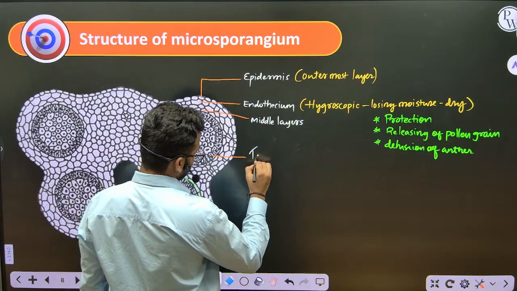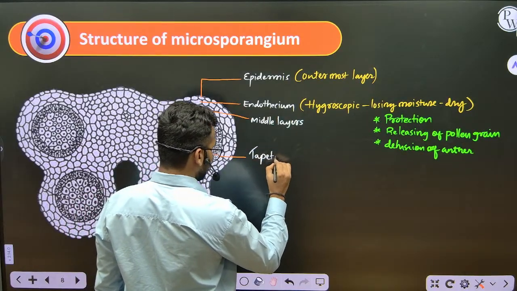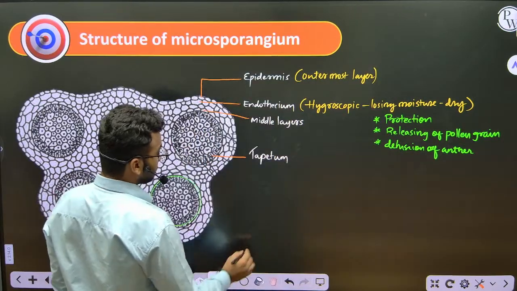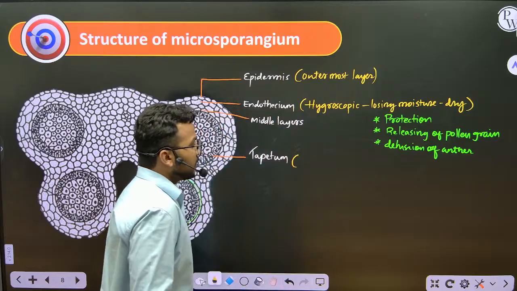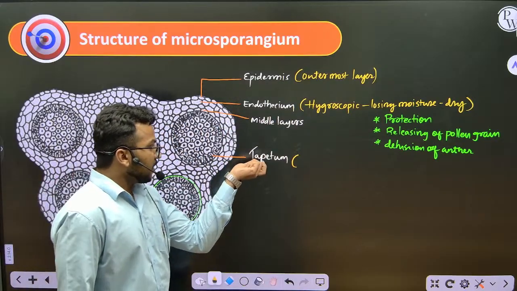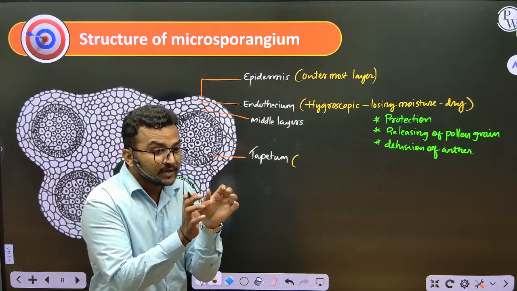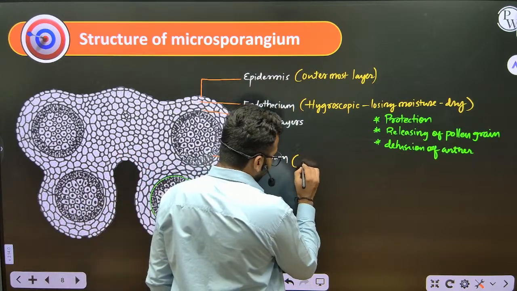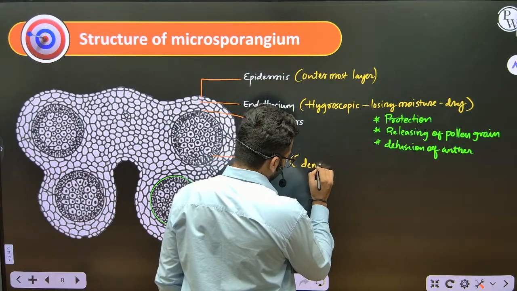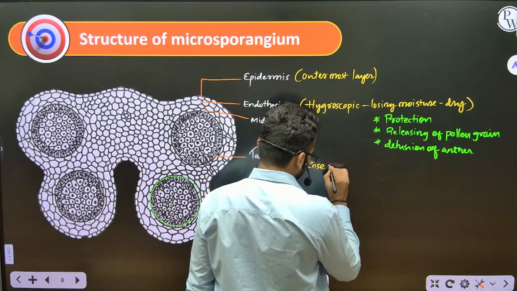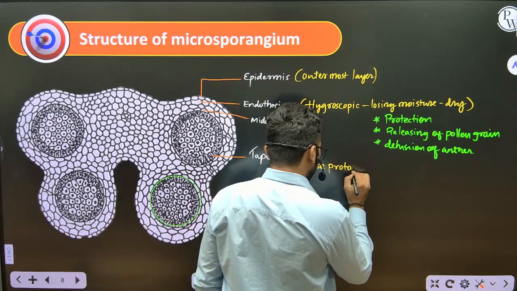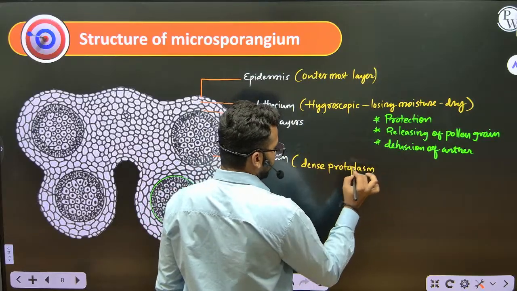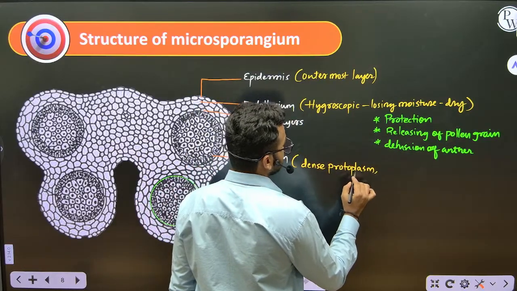When we discuss the tapetum cells, how they look under the microscope: tapetum cells will be having dense protoplasm or dense cytoplasm, and it is a binucleate structure.